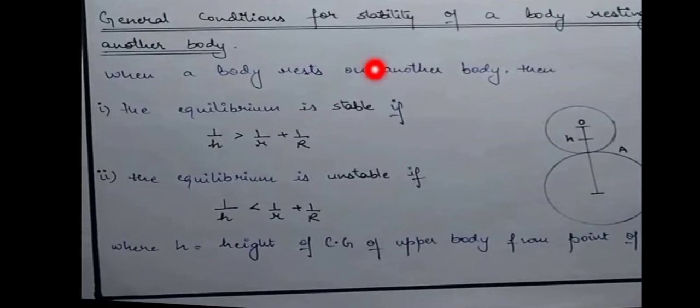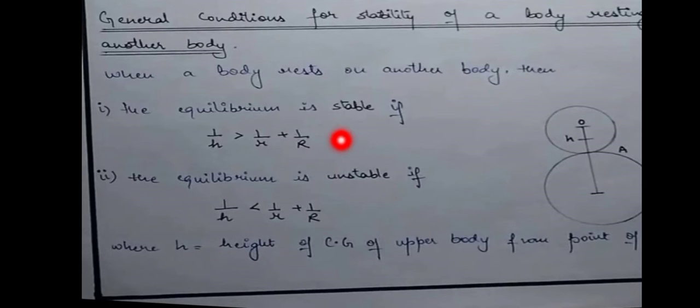Here are some general conditions for stability of a body resting on another body. When a body rests on another body, as you can see in the figure, there is a sphere resting on a bigger sphere. The height between both the geometrical centers is given as h. Now the equilibrium is stable if 1 upon h is greater than the sum of 1 upon small r, that means the radius of the smaller sphere, and 1 upon capital R, that means the radius of the larger sphere.